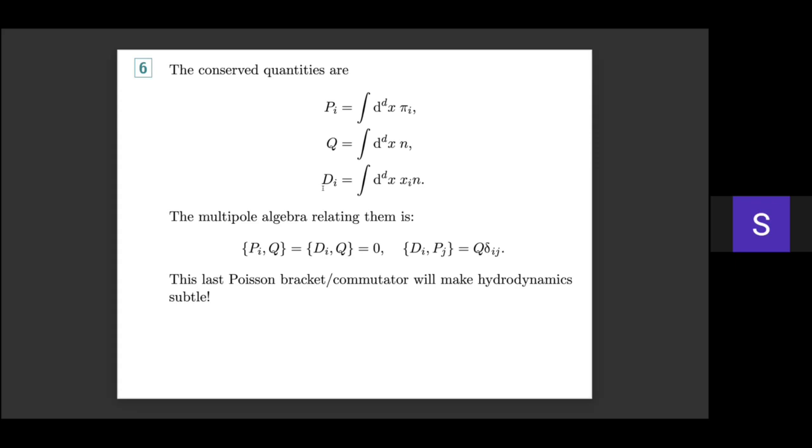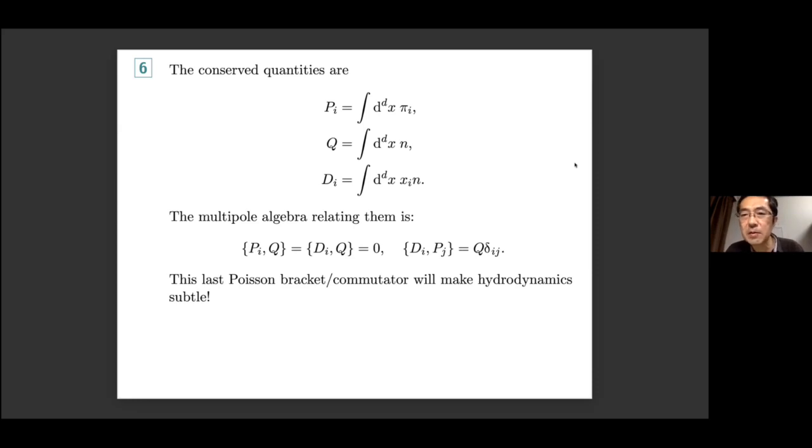What is the reason? You can't have Galilean invariance here because the current can't be proportional to momentum, because the current itself is always a total derivative. Yeah, the charge current is always a total derivative. Okay, maybe we can go to the next question.